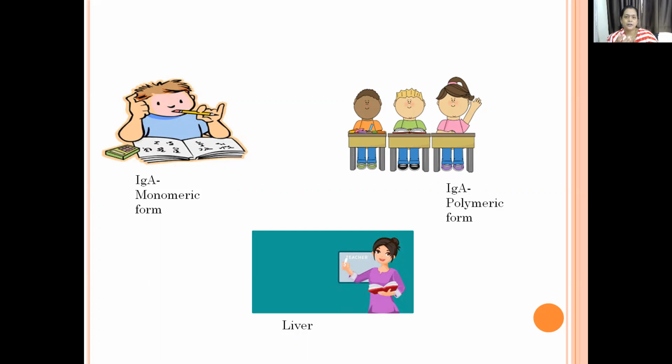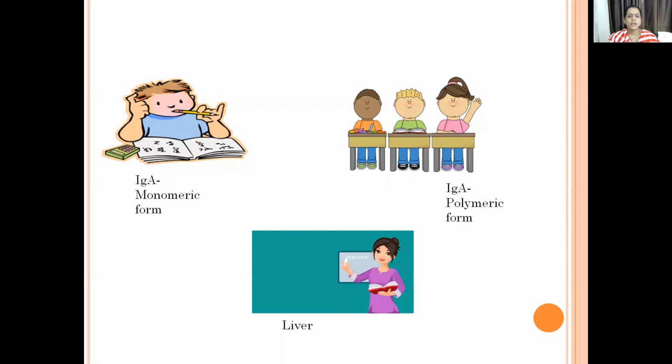Usually, the liver, which is a guru or a teacher, acts as a person who tries to remove the bad qualities and inculcate the good in the IgA. So immunoglobulin A is usually present in the monomeric form in the plasma. It gets into the polymeric form, and increased synthesis of IgA polymers leads to degradation of these IgA polymers in the liver.